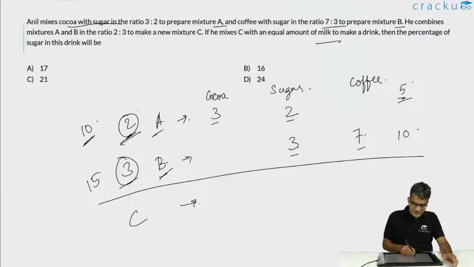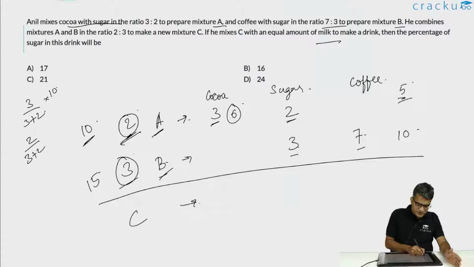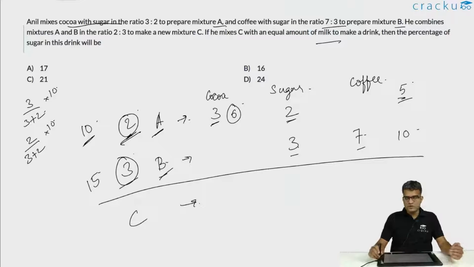In 10 kgs of A, how much cocoa will be there? Cocoa and sugar is in the ratio of 3:2. So the amount of cocoa will be 3 divided by 3 plus 2 into 10, which is 3 by 5 into 10, which is 6 kgs. And the amount of sugar will be 2 divided by 3 plus 2 into 10, which is 2 by 5 into 10, which is 4 kgs.